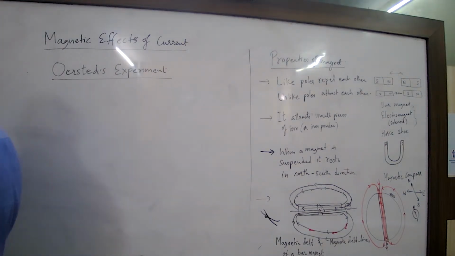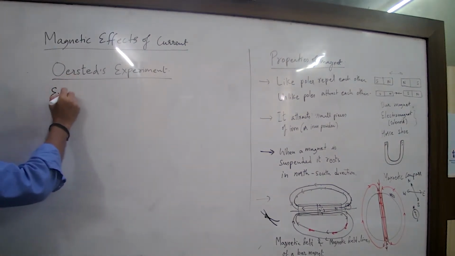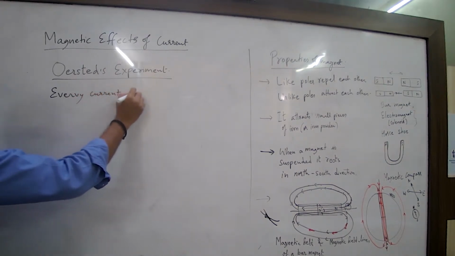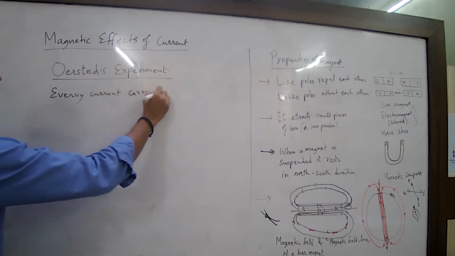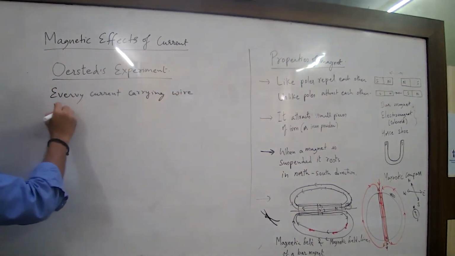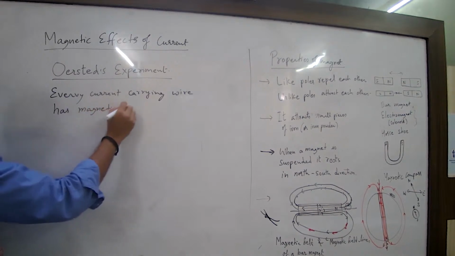Oersted's experiment says that every current carrying wire has a magnetic field around it.